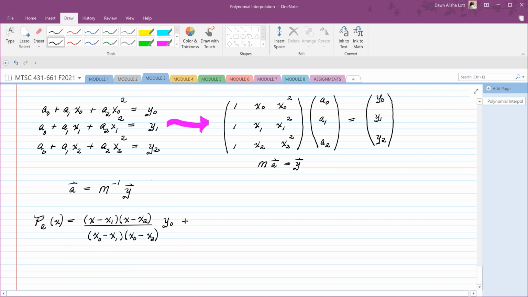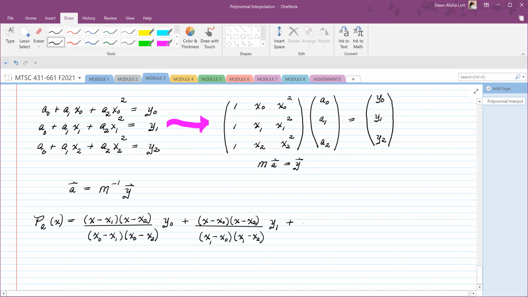Then I'm going to leave out x1. So I get x minus x0, x minus x2, divided by x1 minus x0, x1 minus x2, and that gives me y1.